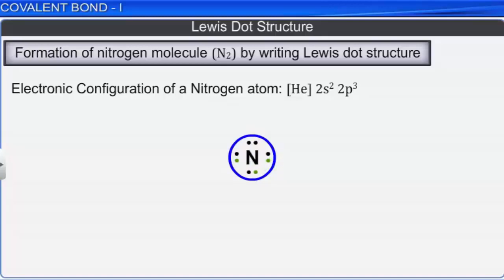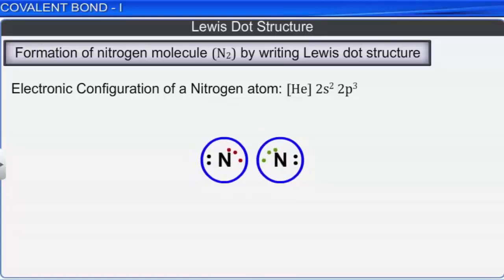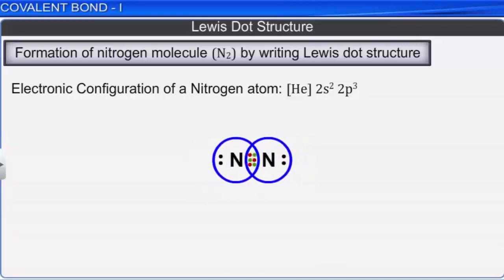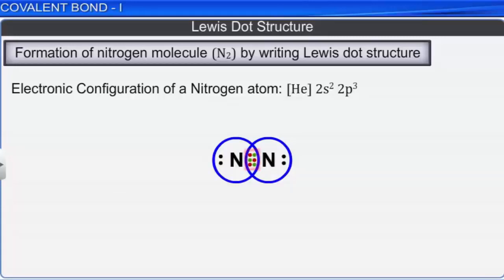When 2 nitrogen atoms approach each other, they mutually share 3 electron pairs and attain the nearest inert gas configuration of neon. As 6 electrons, that is, 3 electron pairs, are shared between 2 nitrogen atoms, the 2 nitrogen atoms are said to join by a triple bond.